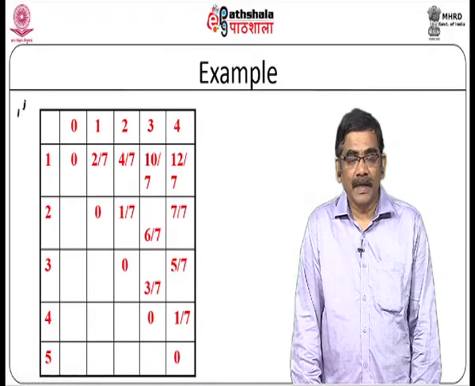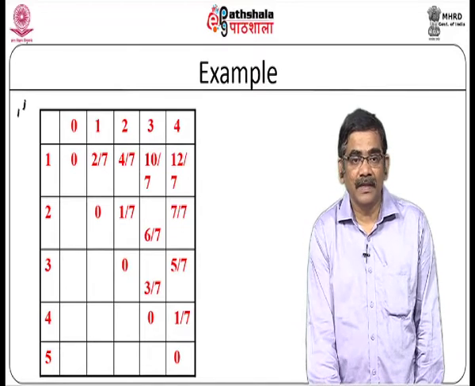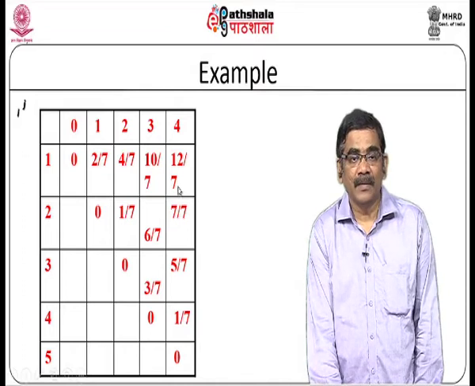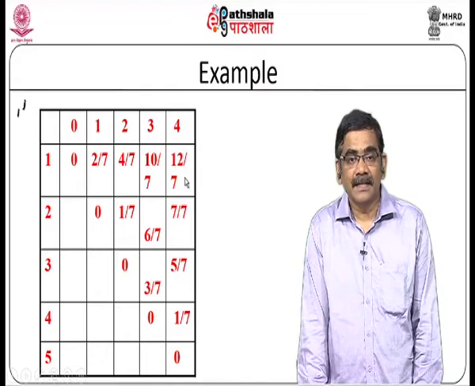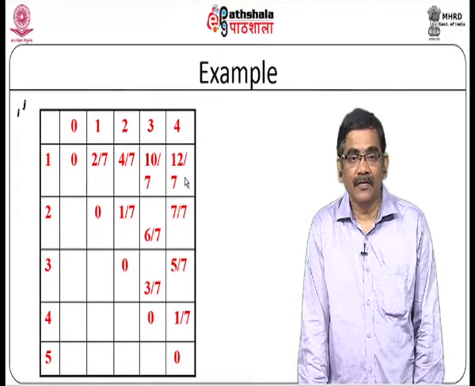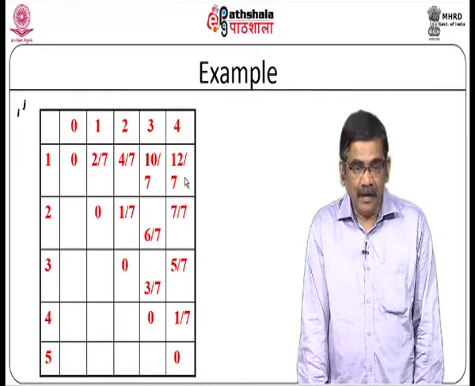So, now we can put everything into this particular table. Now you can see that 12 by 7 is going to be 1 comma n, that is 1 comma 4. Therefore, this is going to be the optimal cost for constructing the tree structure.